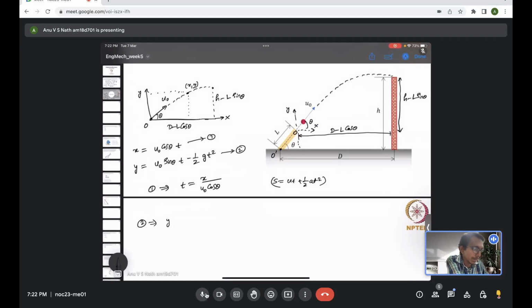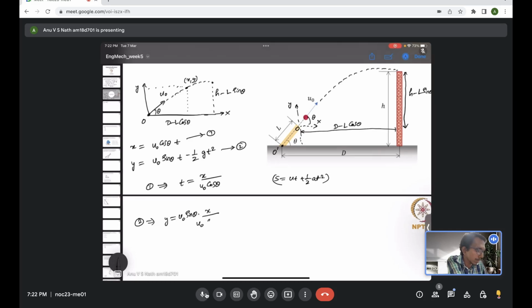Now if we substitute this back in equation 2 for every place where time is there, y is equal to u0 sin theta into t, right? The t is x by u0 cos theta, minus half g times square, that is x by u0 cos theta the whole square.